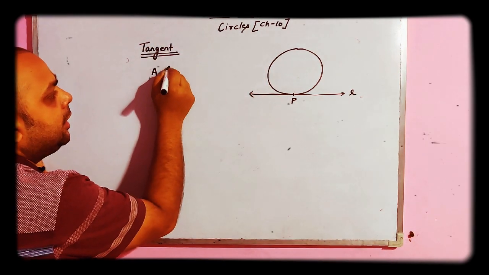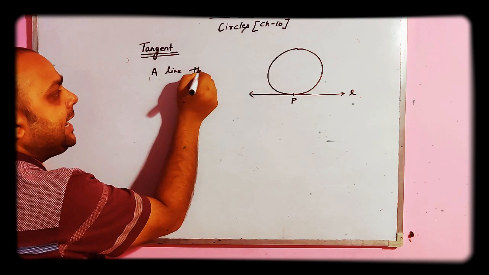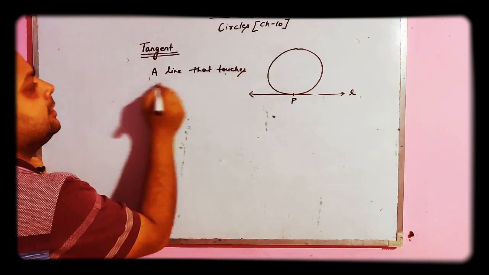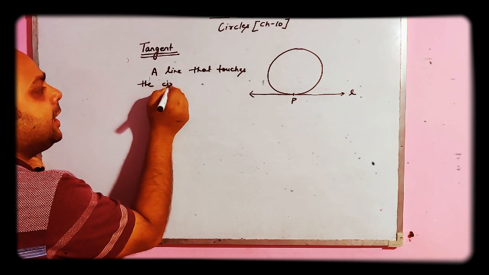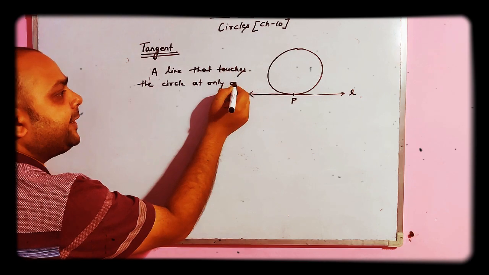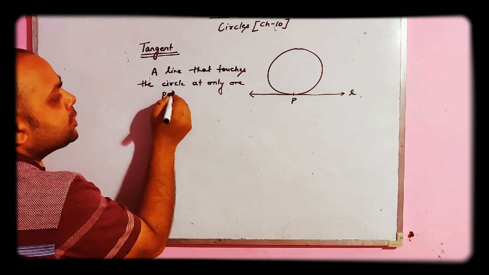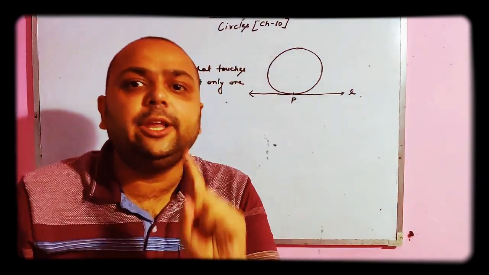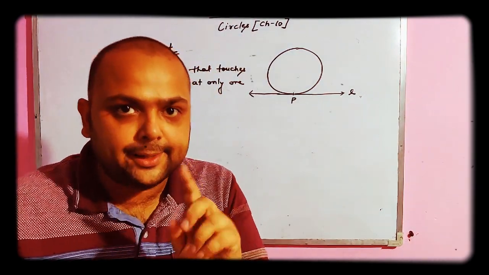So the definition comes out like this. A line that touches the circle at only one point. The most important condition is that it must touch at only one particular point.